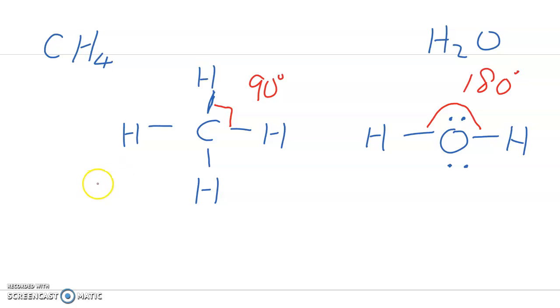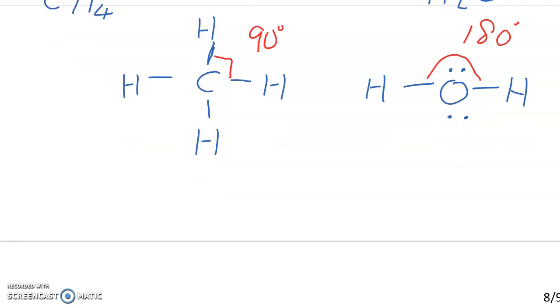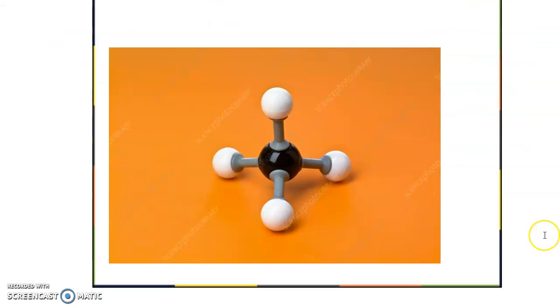Why? Because when the carbon forms with 4 hydrogen atoms in 3 dimensions, how would it look? It will look like this, and it is very obvious that this angle is not 90 degrees.